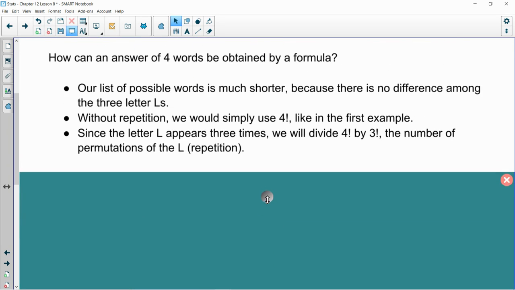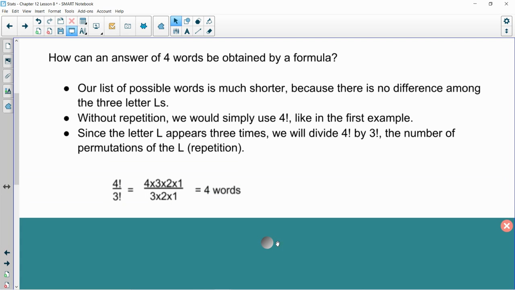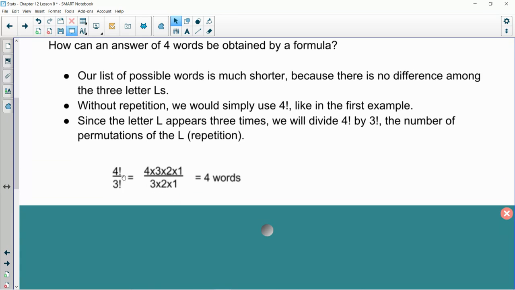All right, so let's take a look at this now. So here's what we've got. We're going to take 4 factorial. What is that 4 factorial? That's your total number of objects.